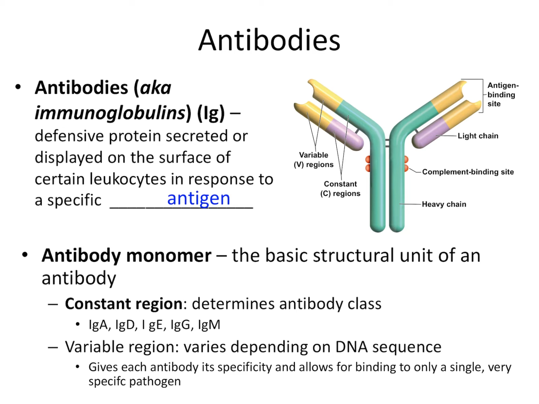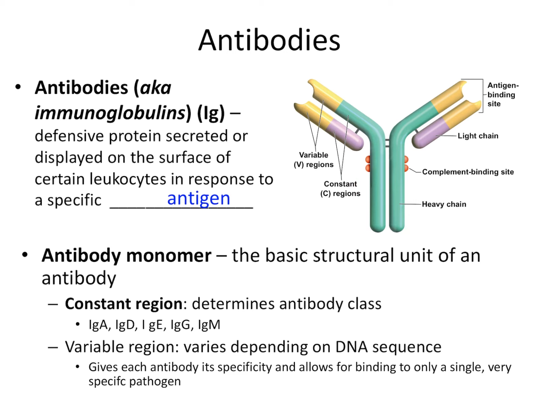So each antibody is only going to be able to bind one antigen. So you can think that they are very, very specific. Now, the basic structural unit of an antibody is going to be an antibody monomer. So in this picture here, I'm showing an antibody monomer, and you can see that it's going to have this sort of Y or T-shaped structure.